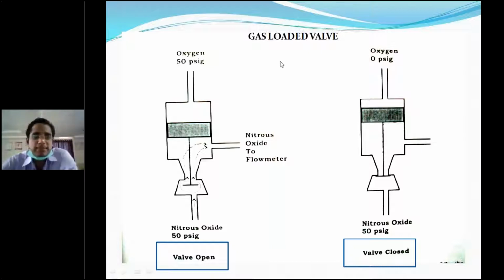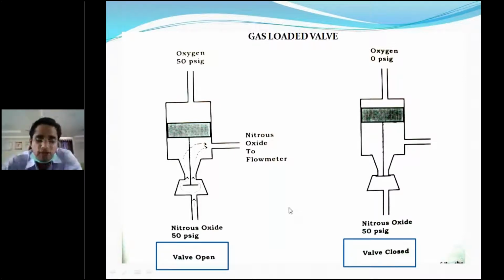So here oxygen is present and here oxygen is absent. This is nitrous oxide. Here it is 50 psig, and here also it is 50 psig. That means in the left side image, both oxygen and nitrous oxide are going, and on the right side image, only nitrous oxide is going.